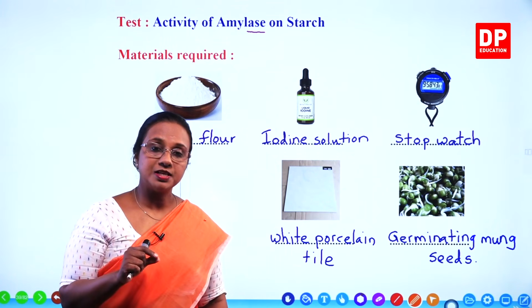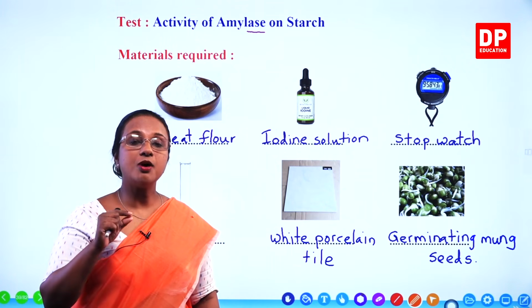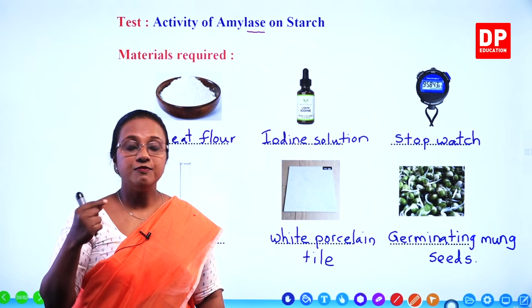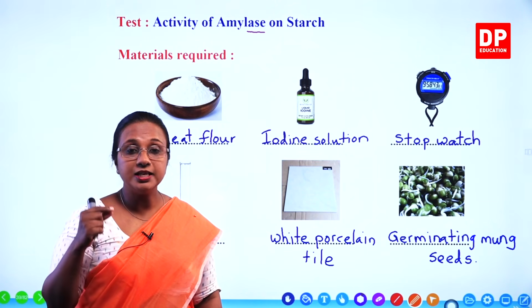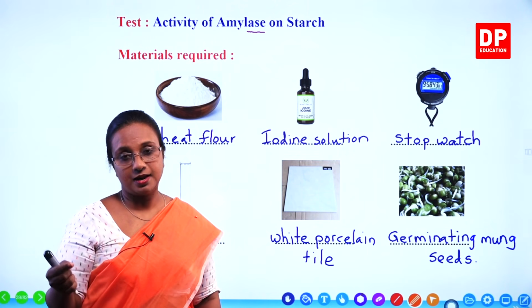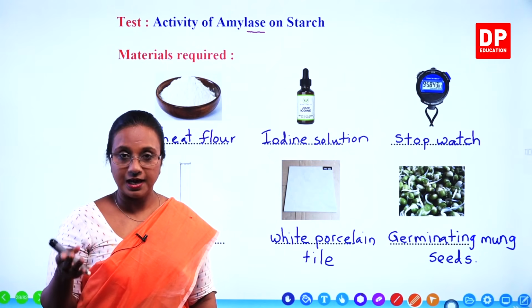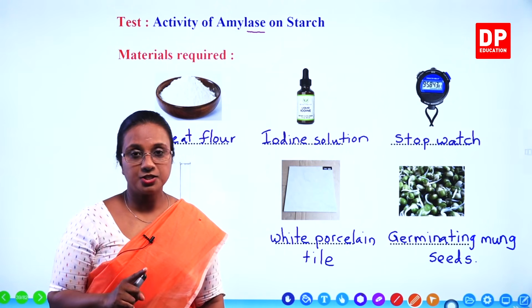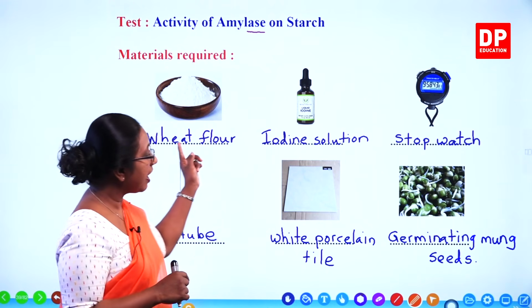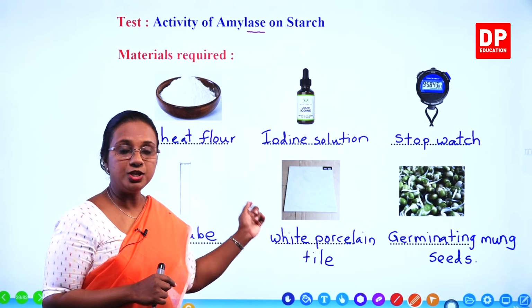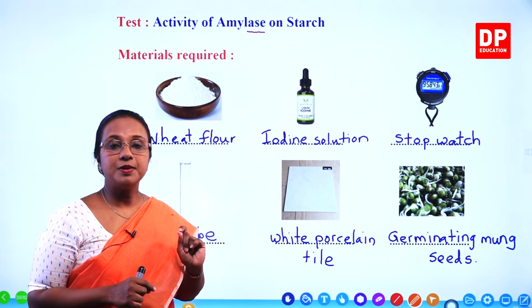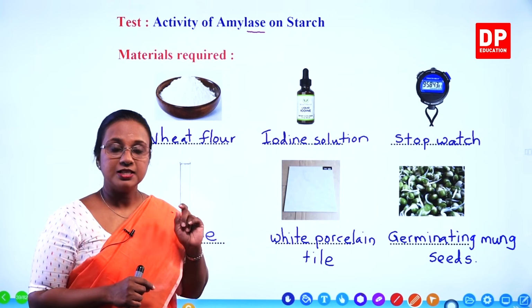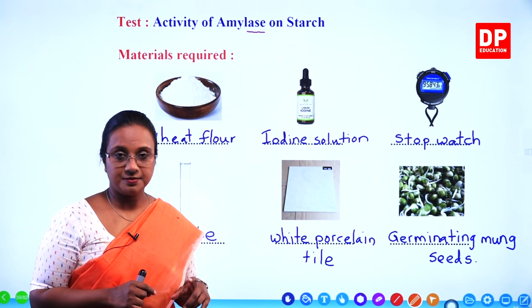You will observe that the reddish brown color of iodine will turn into a dark blue black color or dark purple color. That indicates the presence of starch. So after the first 2 minutes, there is starch present.